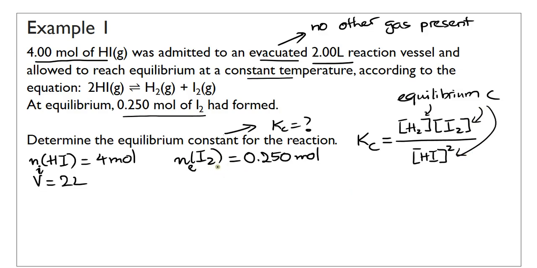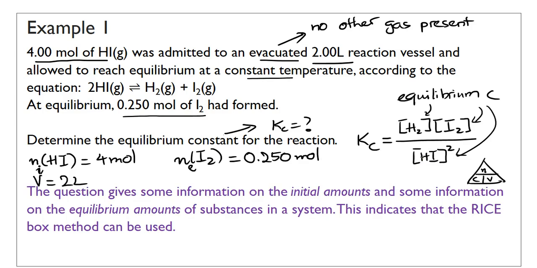So I can use this triangle. If you really like the triangle, you can use it to work out the equilibrium concentration of iodine from the equilibrium number of mole of iodine. But I don't have any information regarding the concentration or amount of hydrogen or hydrogen iodide at equilibrium. So before you can work those things out, you cannot answer this question and calculate Kc.